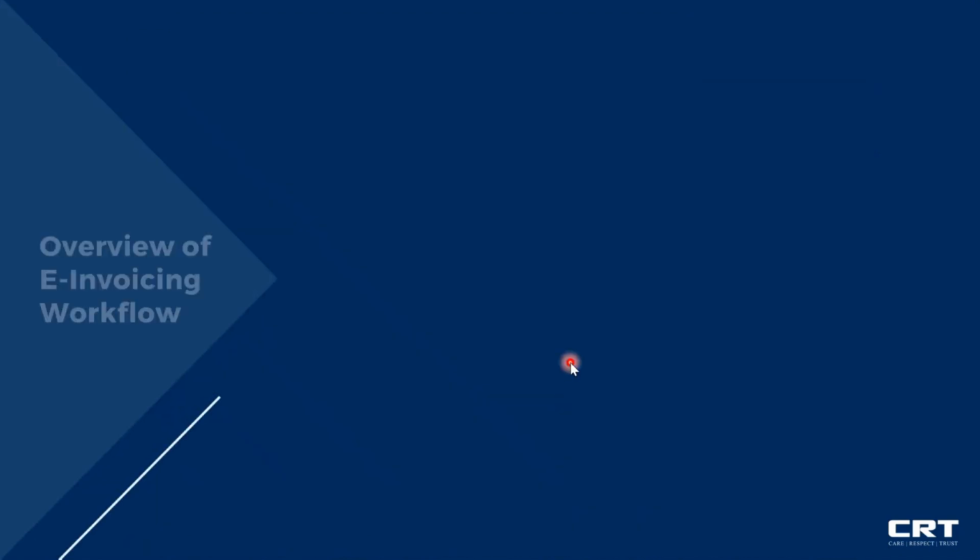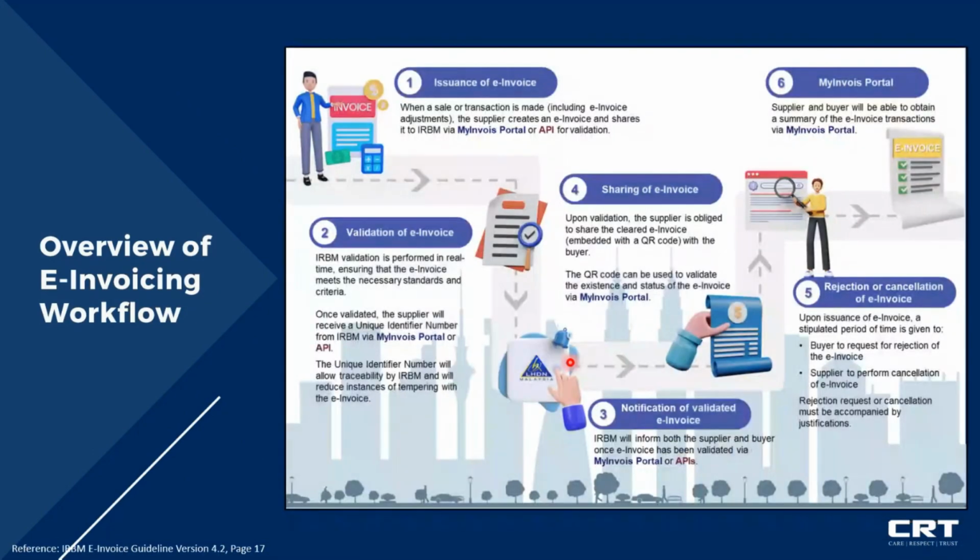Right, so how does this e-invoice work between you and your customer, or between you as a buyer and your vendor? Basically this is how it works. First, the seller is required to issue the e-invoice and get the validation of the e-invoice. After it has been validated, you will get a notice for that.